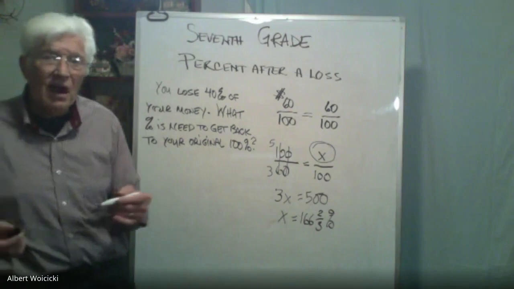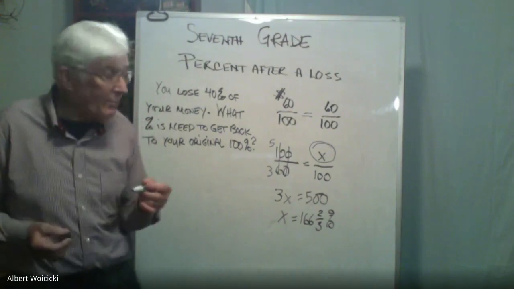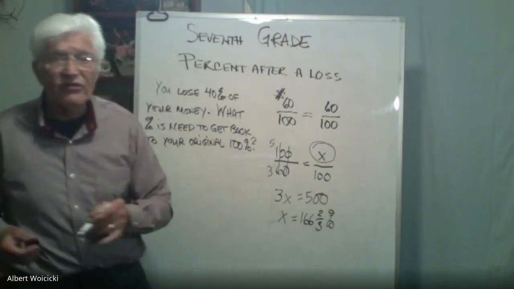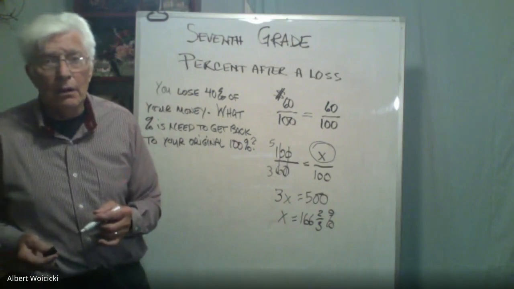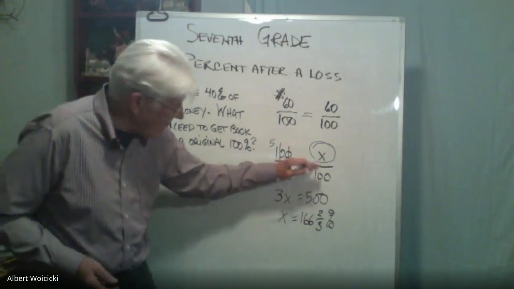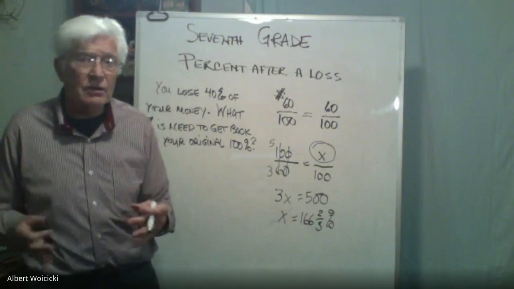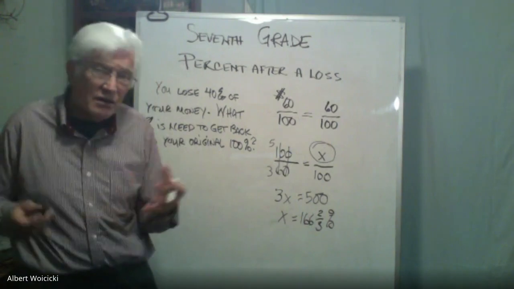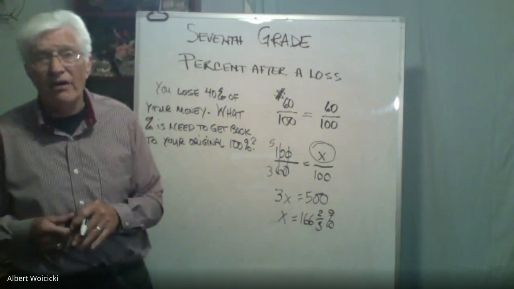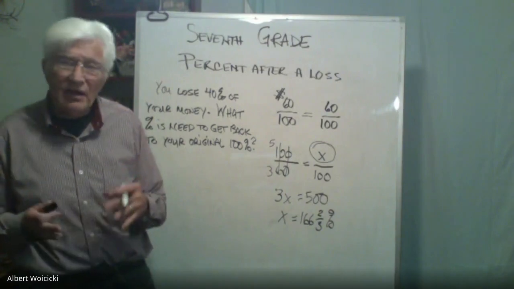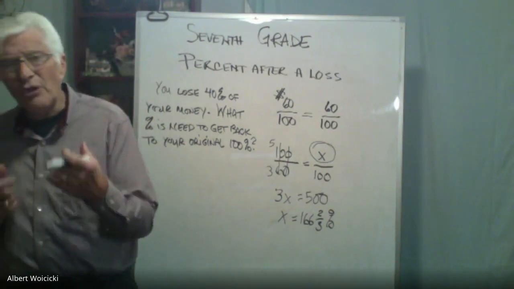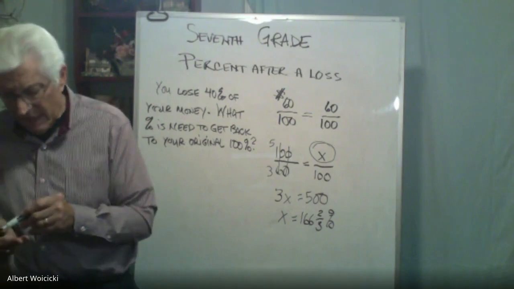I got to make a lot more than what I lost. See, this is a lot more than just the simple 40 that I lost. I got to make a lot more. And that's something you have to recognize in life.